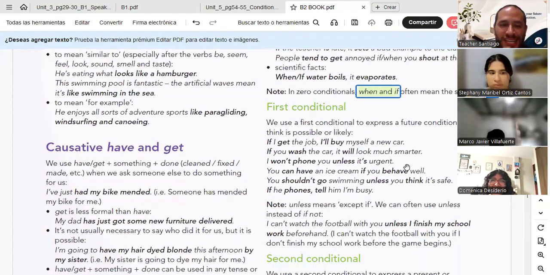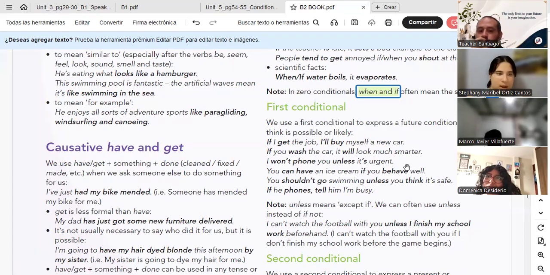Stephanie, first conditional. We use a first conditional to express a future condition. We think it's possible or likely. Probably. If I get the job, I'll buy myself a new car. If you wash the car, it will look much smarter.